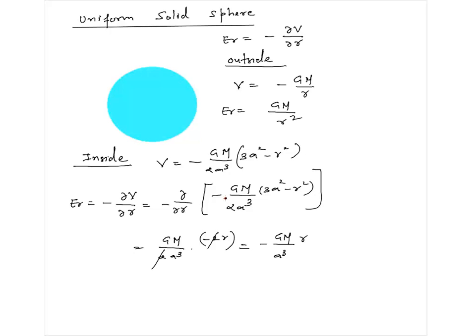Minus sign is showing that it is inside. That is, if we are finding E here, vector R is away, to the right side, but minus sign means it is towards the center. That's it. If you take the magnitude, there is no minus sign. Any questions? If you have, let me know.